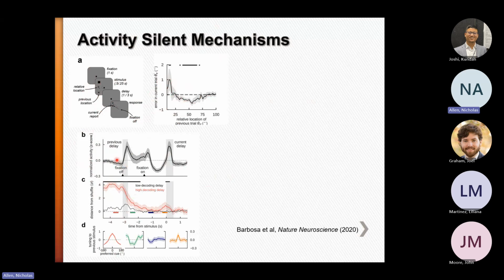Once the movement is made, and in between the two trials, at some point all this persistent activity goes away, and there's no more information about the stimulus. But when the next trial begins, or the next stimulus appears, there is again an activation of the previous stimulus, which we shouldn't have a memory of.